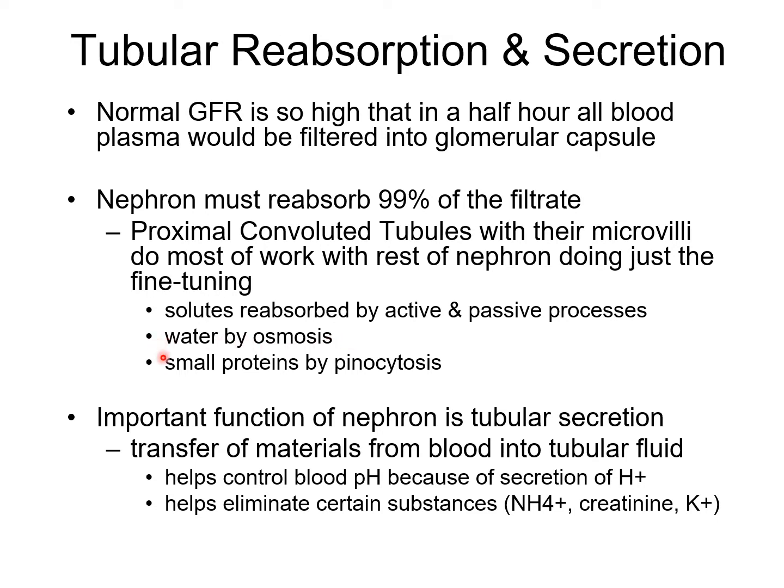When we mentioned the filtering process, we mentioned that small proteins can enter into the filtrate. Our urine has very, very low protein levels, so a lot of those small proteins are taken out of this filtrate by pinocytosis.